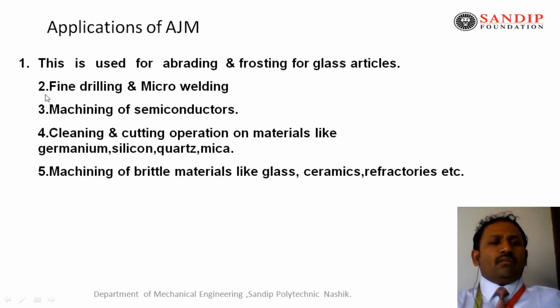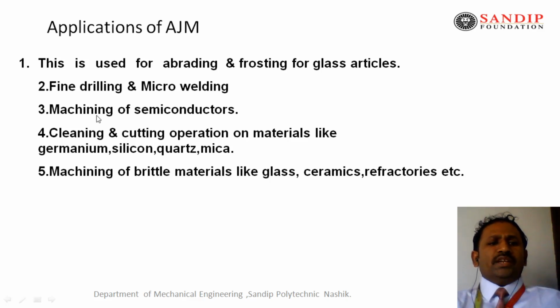Then fine drilling and micro welding. When you need to produce a small drill hole, the abrasive jet machining process is also used. Then micro welding means when small thin plates are there, for welding purposes abrasive jet machining methods are also used.